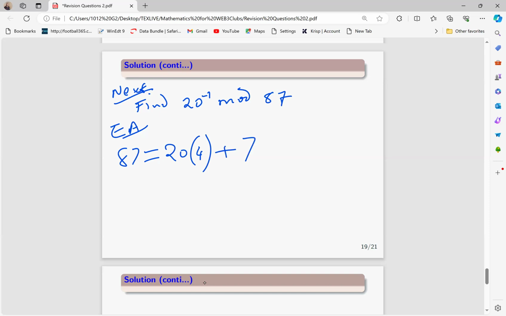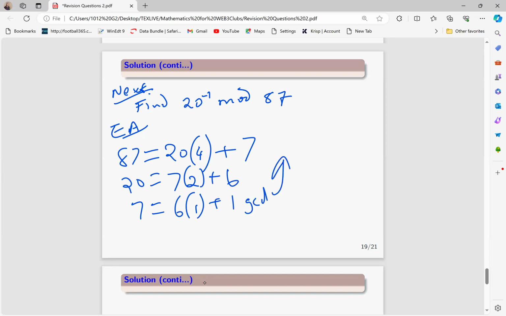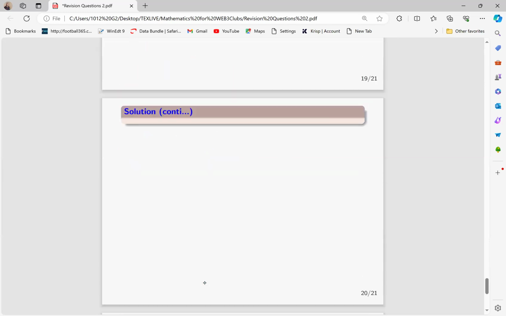Okay, how many times does 7 go into 20? 2 times. The remainder is 6. How many times does 6 go into 7? 1 time. The remainder is 1. This is the GCD. So we use extended Euclid to find that.